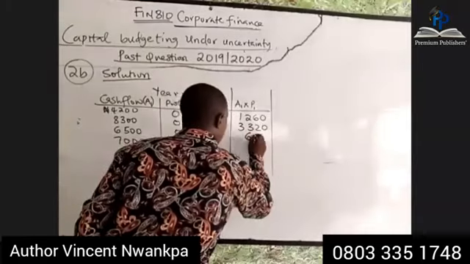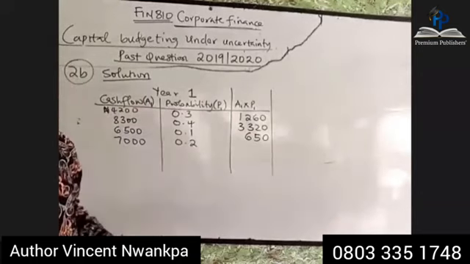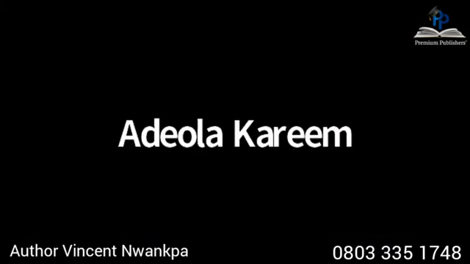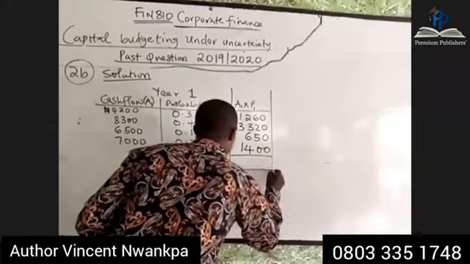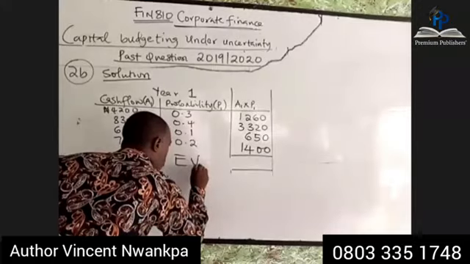That's 10%. Then 0.2 times 7,000 is 1,400. Good. We add everything together, and we get 6,630.